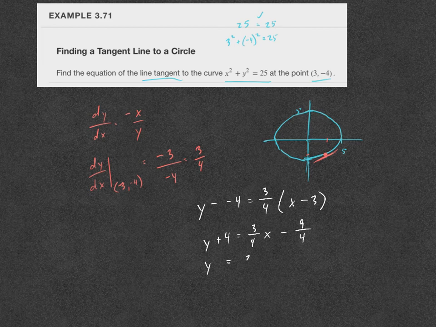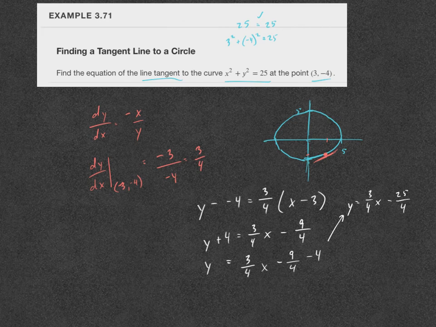So I'm going to get y equals 3/4 x minus 9/4 minus 4. And 4 is 16/4. So that's going to simplify to negative 25/4. And you should definitely check that in your calculator. I just did. So for our equation here, y equals 3/4 x minus 25 over 4.